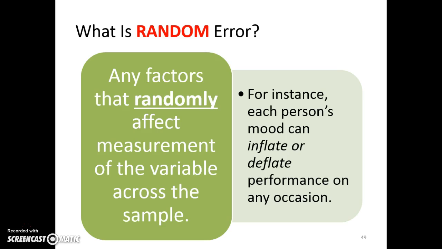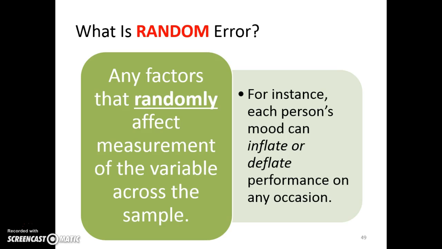Random error we can deal with using statistics, and we can adjust for that. Let's say you just happen to take a test on one day when you were having a really bad day, so your score makes it seem like you've got higher levels of depression. But randomly, there are also people having better days than normal, and so they might deflate their score.